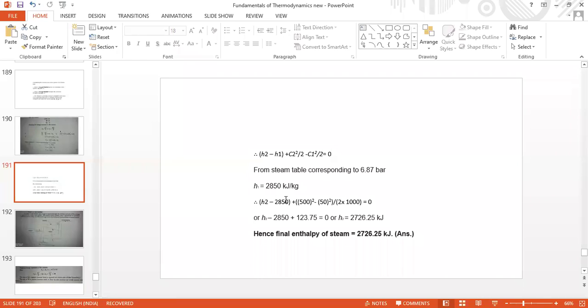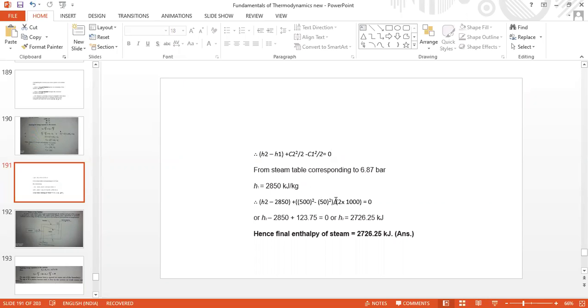It is because H1 is substituted 2850 as it is read from the steam tables, 2850 kilojoule per kg. Because this is substituted in kilojoule per kg, these terms are also to be converted into kilojoule per kg.